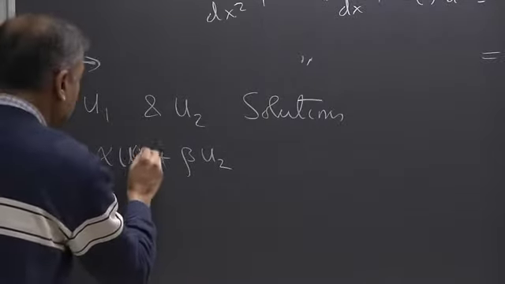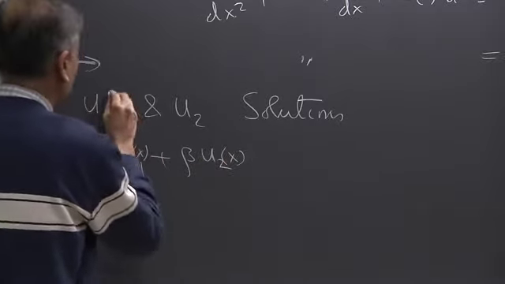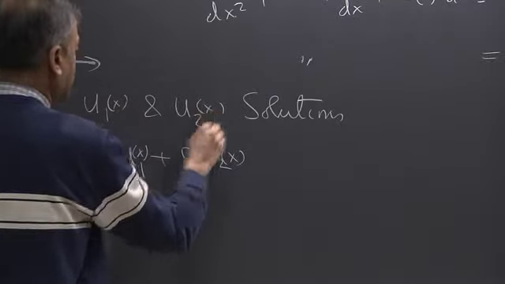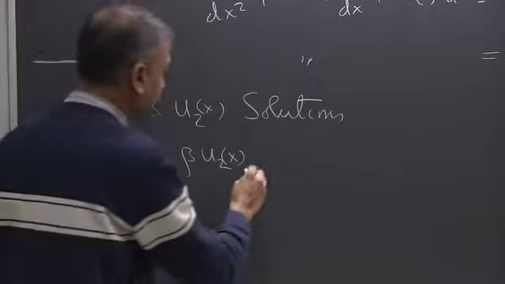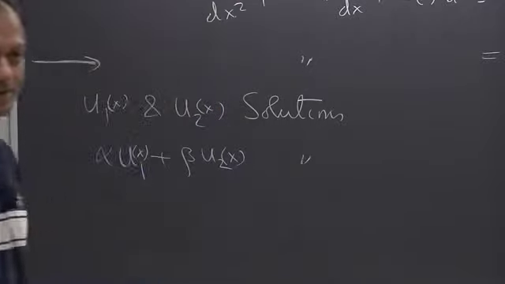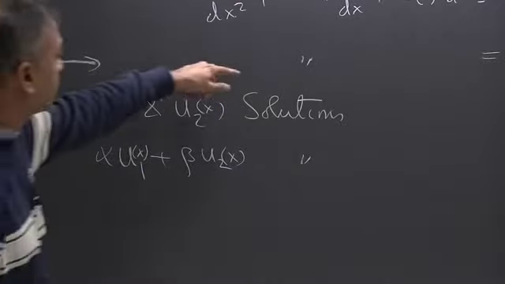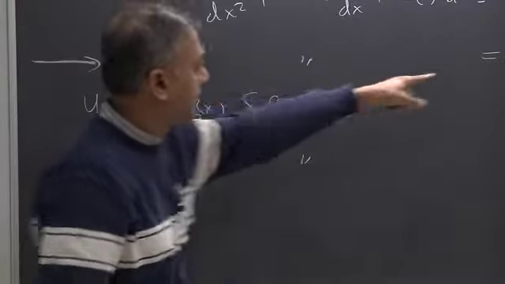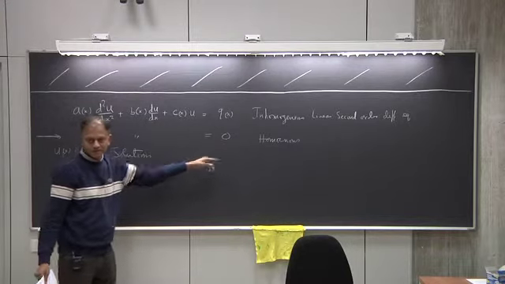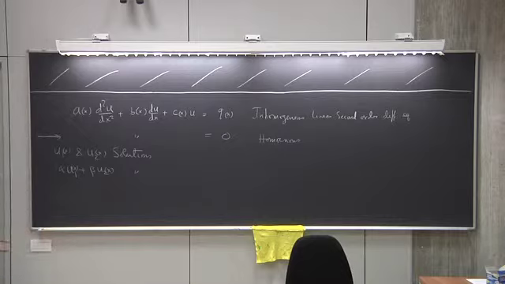So x is only appearing here. u1 and u2 are of course functions of x, but alpha and beta are constants. That just follows from the fact that these are linear equations and the right hand side is 0, right? So it immediately follows that the space of solutions is a vector space.